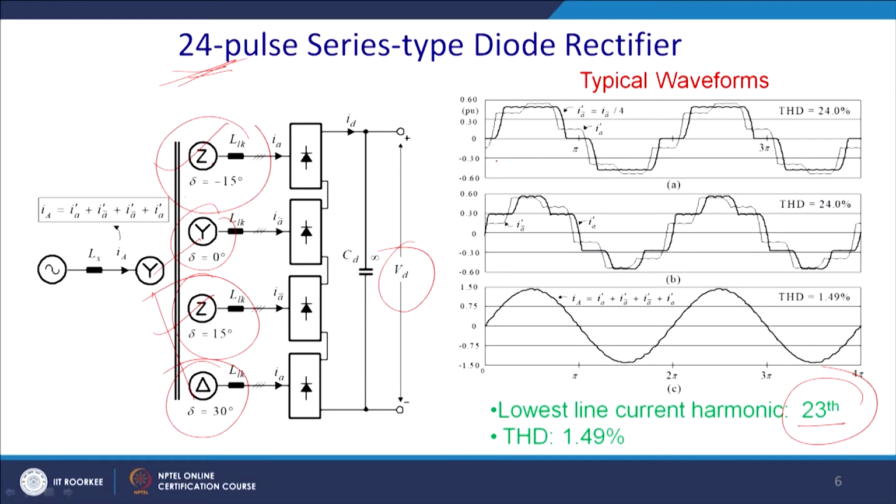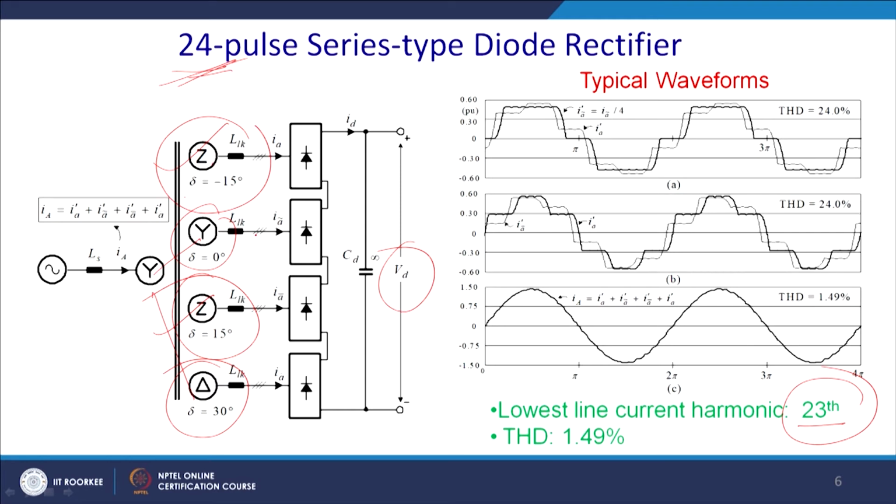So, ultimately you have all the current, 4 currents in this IA, IA delta, IA bar and IA caret will form the primary current IA capital.